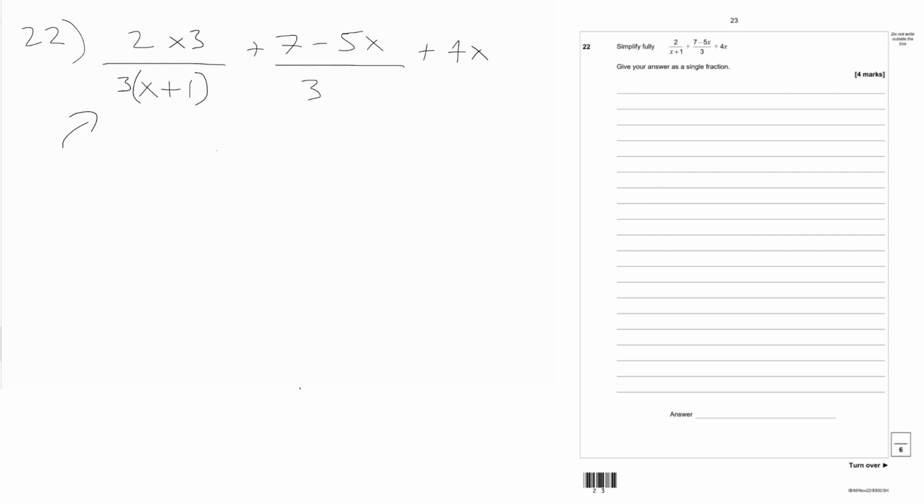Using the same logic for the second term here, we can multiply by x plus 1 on the top and the bottom. I haven't left myself a huge amount of space here, so I'm just going to fill it in up there. And then for the 4x, well, we don't have anything in the denominator, so we're going to multiply top and bottom by 3x plus 1.